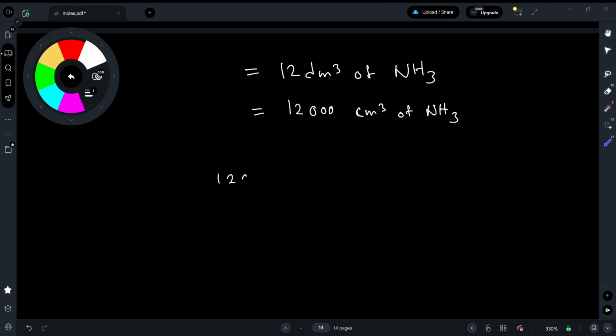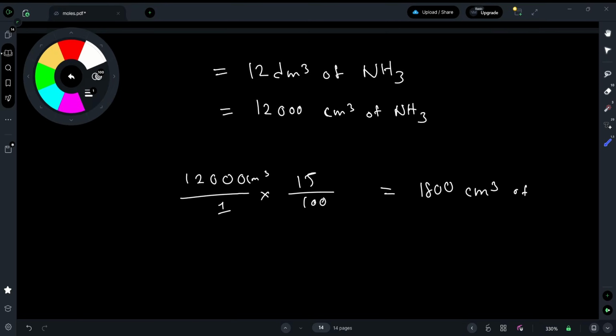So what you have to do is 12,000 by 1 into 15 by 100 to get the actual output. 12,000 into 15 by 100, you get 1,800. So 1,800 centimeter cube of NH3. And this is the answer.